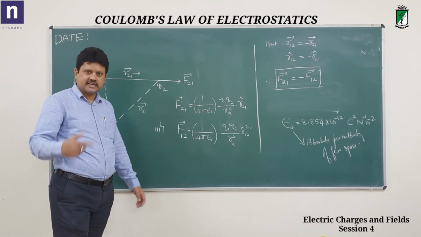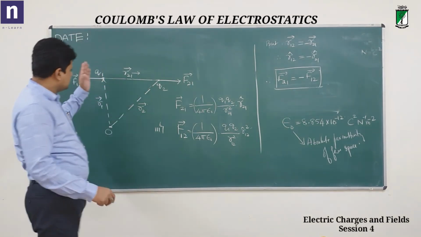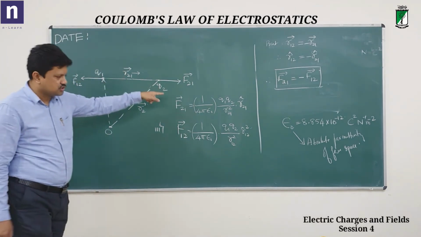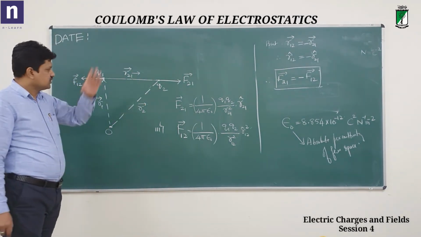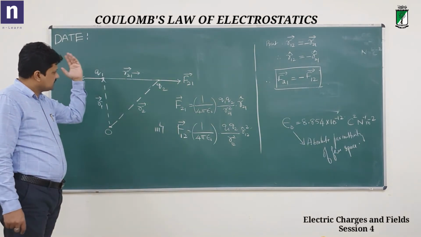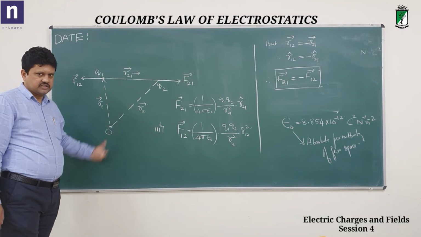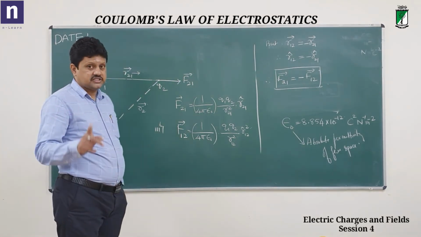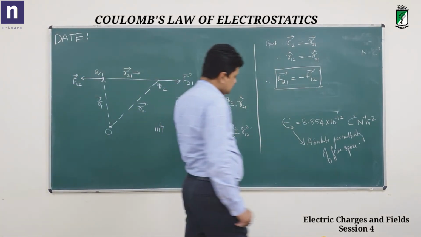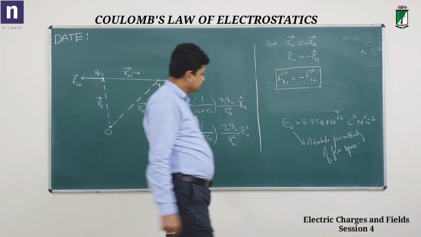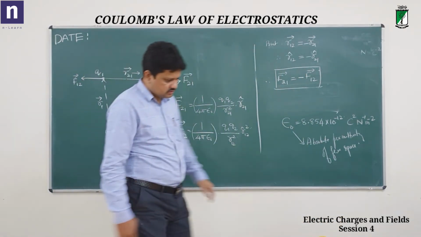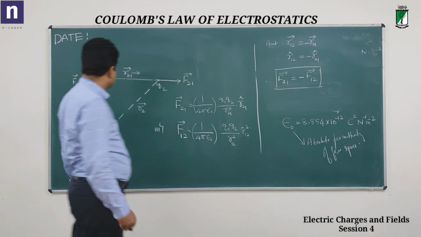That is, action and reaction are equal and opposite. The force exerted by charge 1 on charge 2 is the same in magnitude as the force exerted on charge 1 by charge 2, or vice versa, but the direction is opposite. So that's about Coulomb's law of electrostatics.